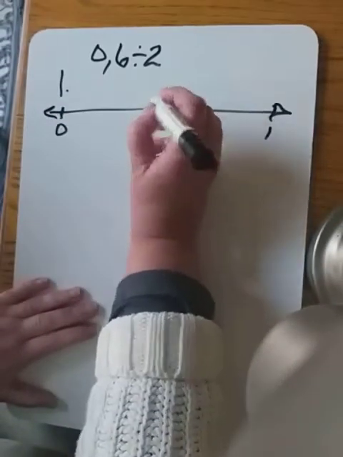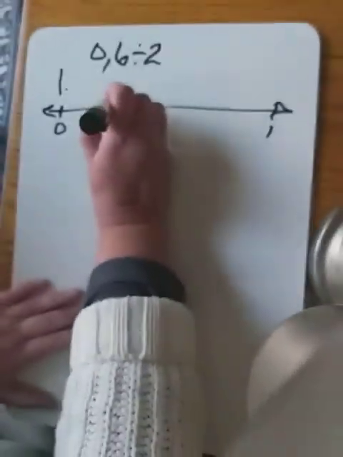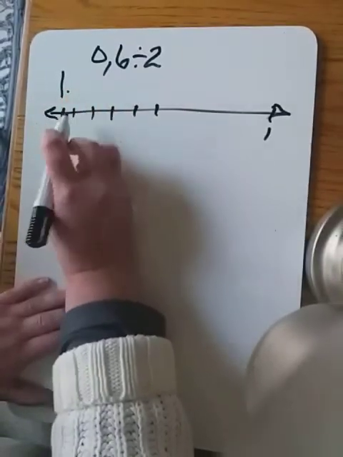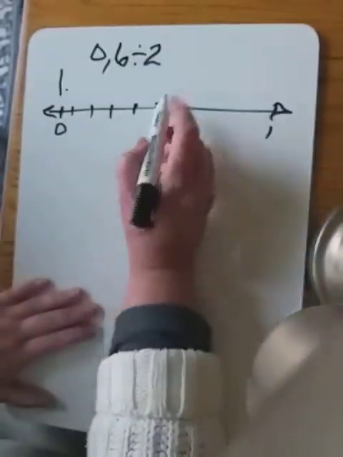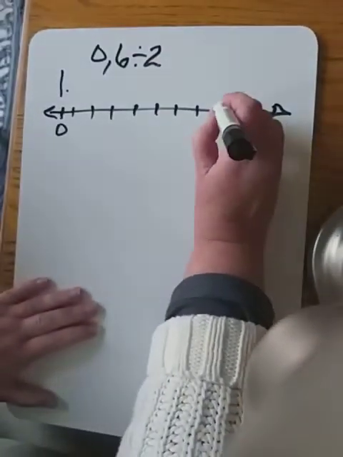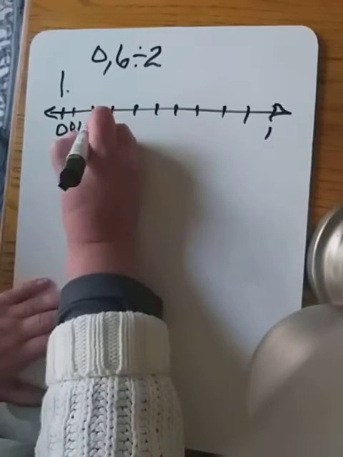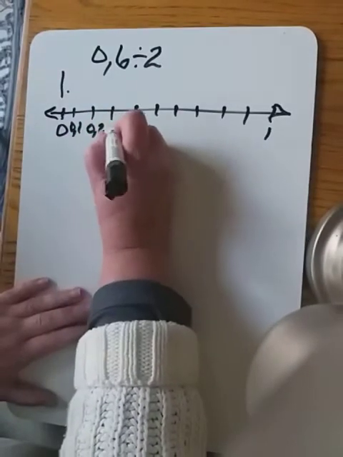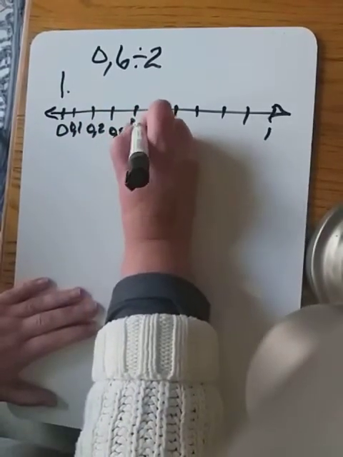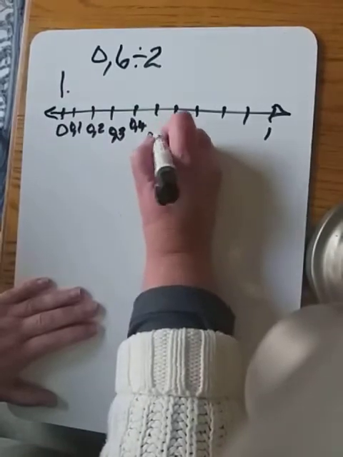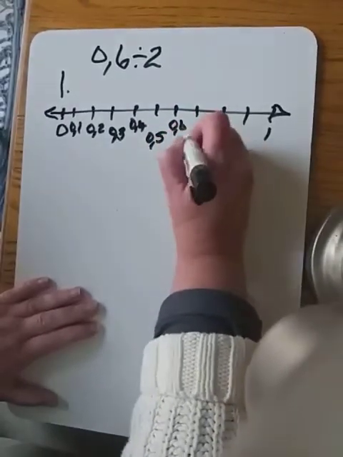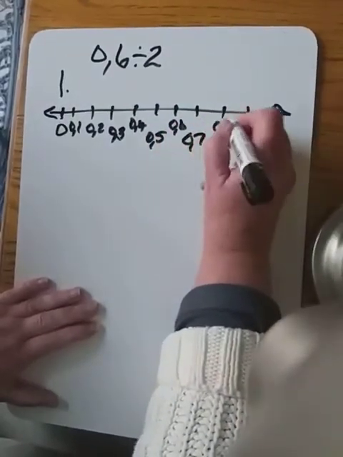So there's going to be 5, and then 1, 2, 3, 4, 5, 6, 7, 8, 9, and 10. So our numbers are going to be 0,1, 0,2, 0,3, 0,4, 0,5, 0,6, 0,7, 0,8, and 0,9.